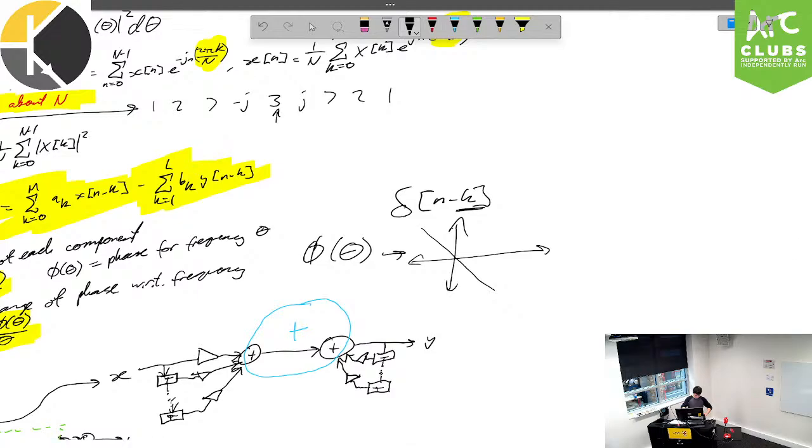Okay? And if it is a straight line, what we can observe is by dividing it by theta, you get a constant number.